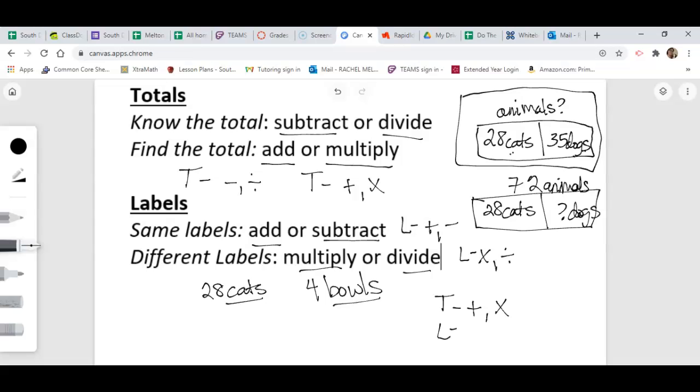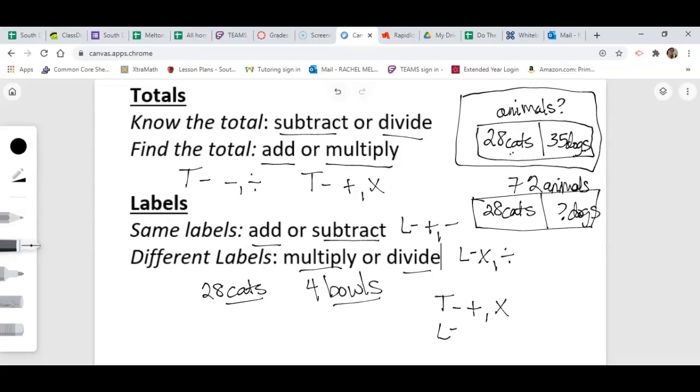Okay? And what I tell the kids is, think about that as, can I divide cats and dogs? Like, can I divide cats by dogs? Can I multiply cats times dogs? No, that doesn't really make sense. But could I add cats and dogs together? Yeah, I could have a context for that, and especially when they're asking me how many animals.